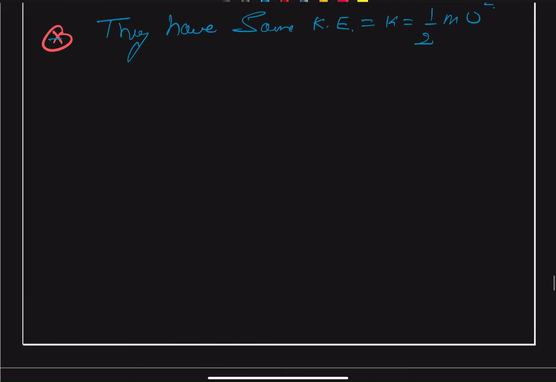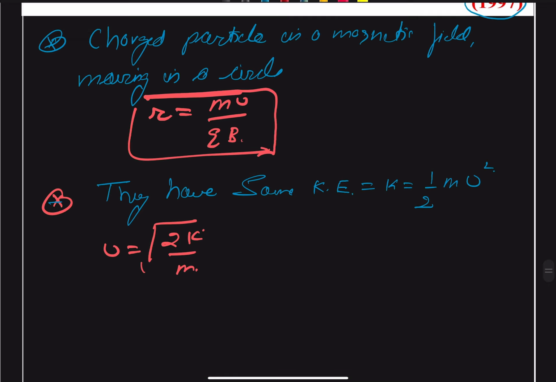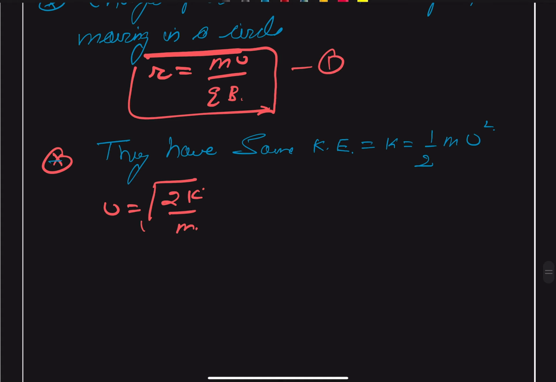So from here we can say our velocity v will be equal to the square root of 2K divided by mass m. Let me write this as equation number 1, and the radius formula as equation number 2.